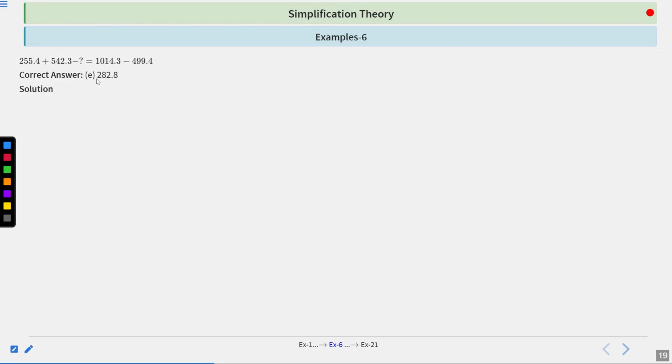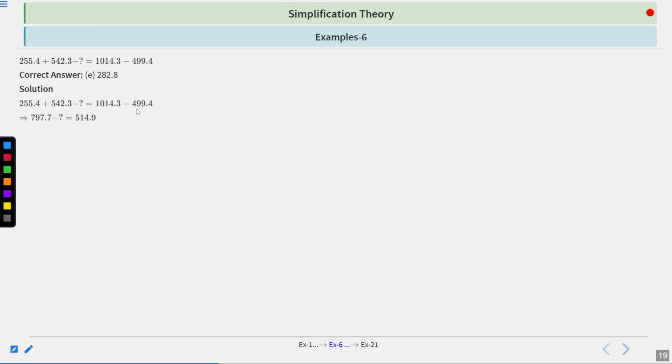Now see the solution. The question is given that 255.4 plus 542.3 minus question mark is equal to 1014.3 minus 499.4. This is a basic subtraction and addition question. So first we add all the positive numbers on the left hand side, and we get 797.7 minus question mark.